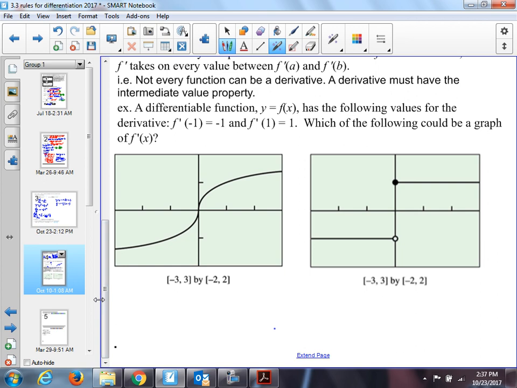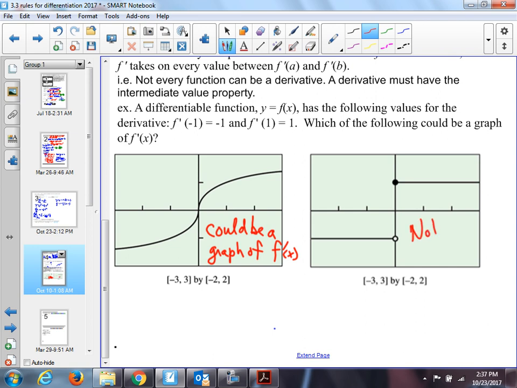We don't have to know what the function was. It's just asked, what could this be? Yeah. This could be a derivative, and this is not possible. It's not continuous. It doesn't hit all the values in between those 2 points.